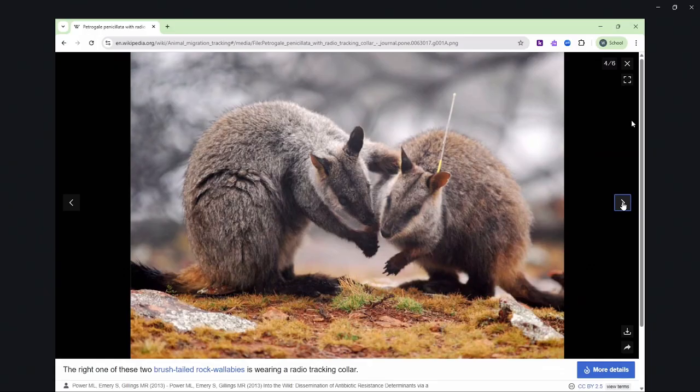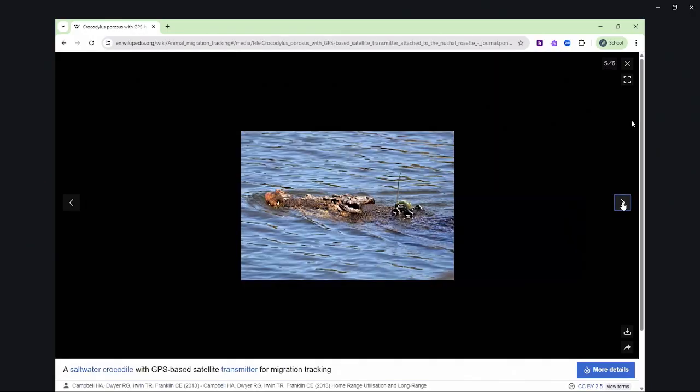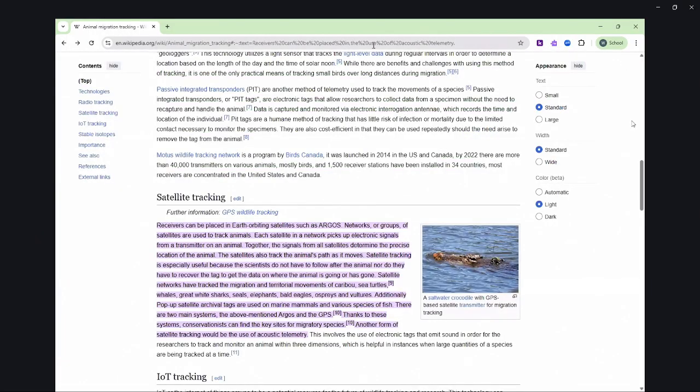And you can see it has a little radio tracking collar on. And there's, again, our crocodile. So that's satellite tracking.